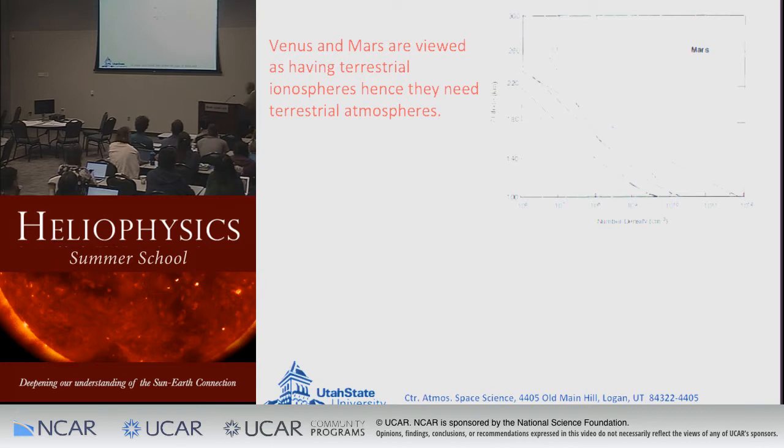CO2. And I'll put the other one up too. Here's Venus. Again, CO2. And you can see again the chemistry that's ongoing generates atomic oxygen through chemistry. Okay, so we have similar kinds of conditions, and we'll eventually see that there is this boundary region on these planets as well, but we'll get there.